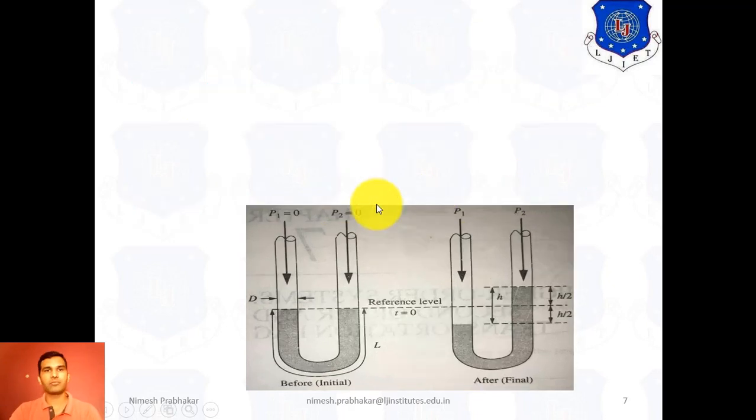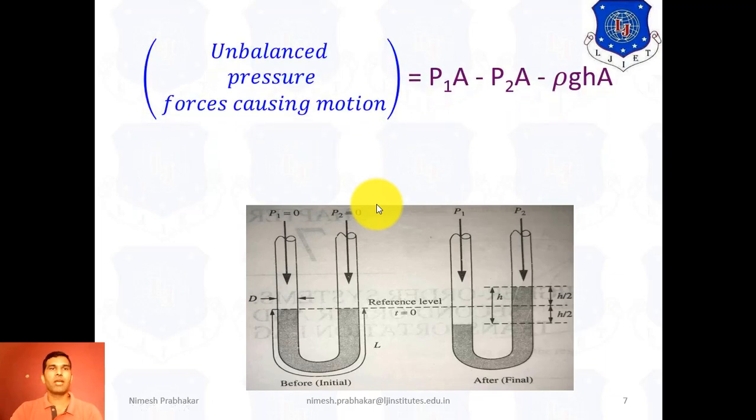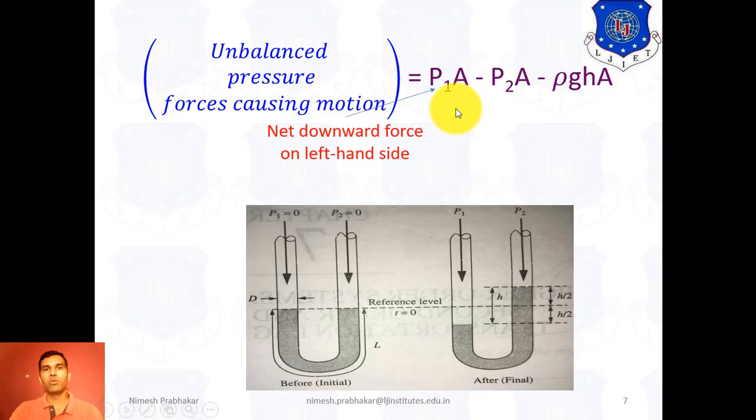So for that we can write the unbalanced pressure force causing motion is equal to P1 into A minus P2 into A minus rho G H A. Now the question occurs in your mind, how does this term come? So P1 into A comes due to the net downward force on the left hand side. That means due to pressure 1 there is a downward force P1, and A represents the area.